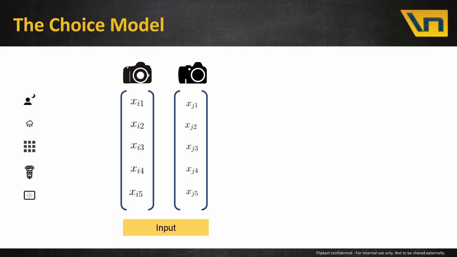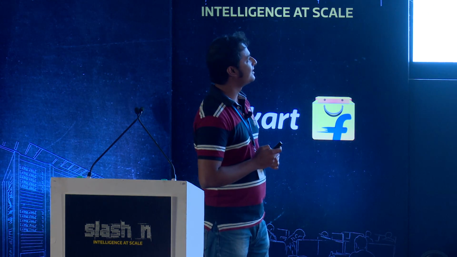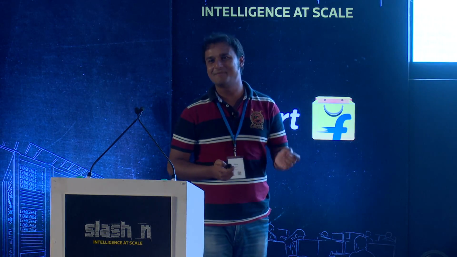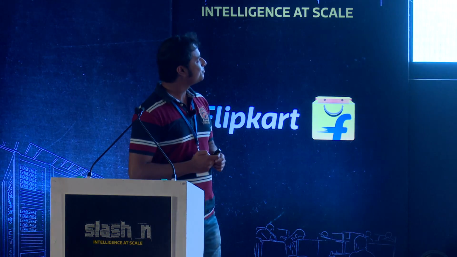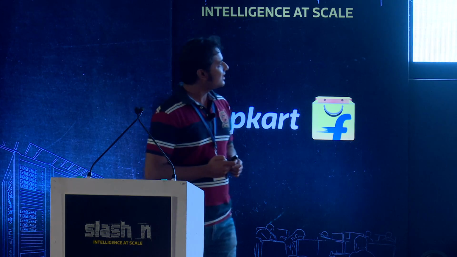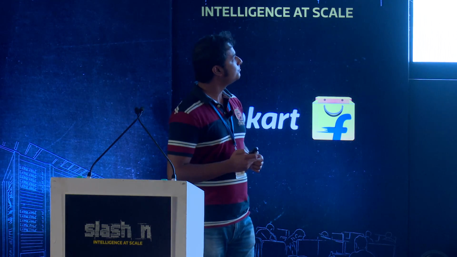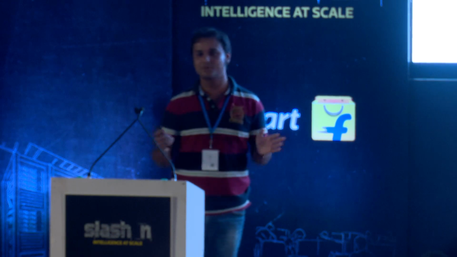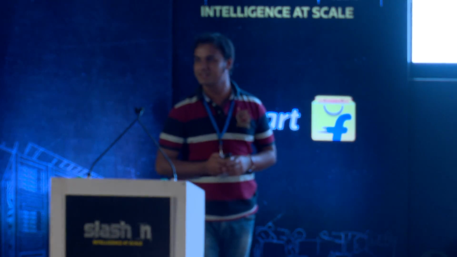Now a little bit of detail on how these models are actually built. Bear with me, there is a slight math here. Let's say you're comparing two cameras, and you have access to their product specifications.